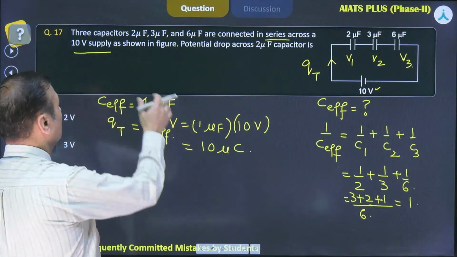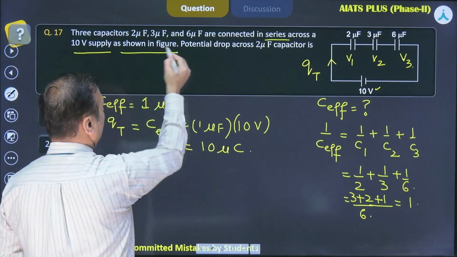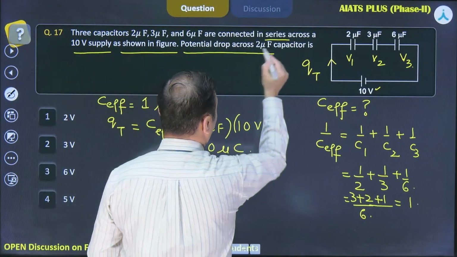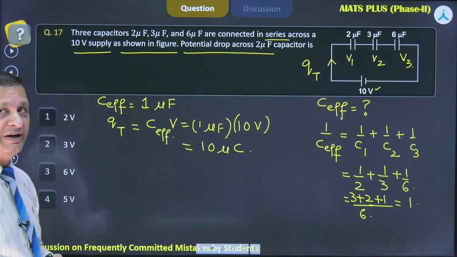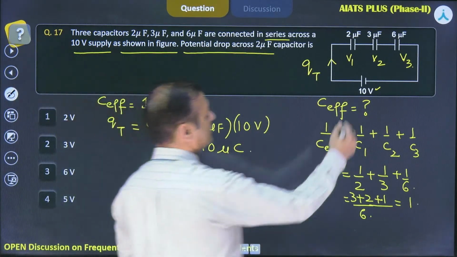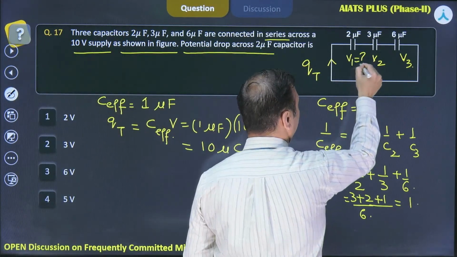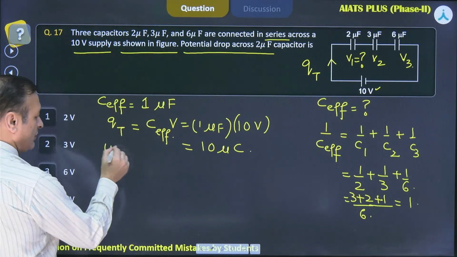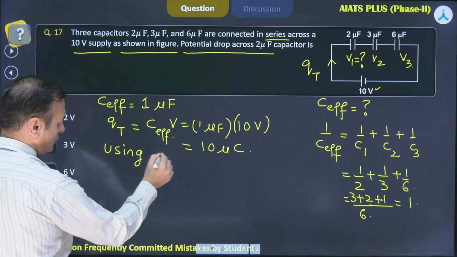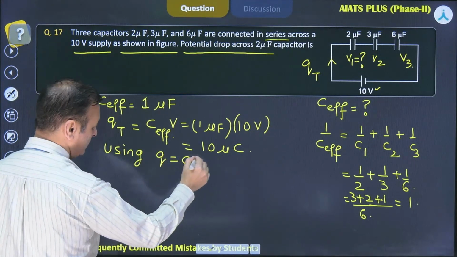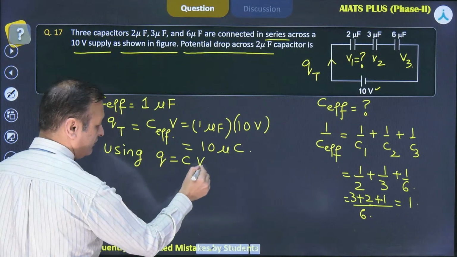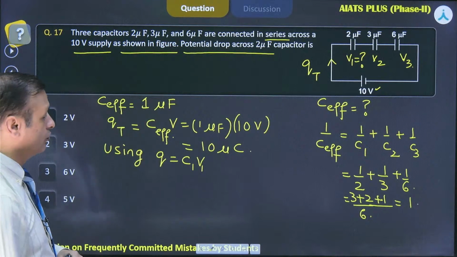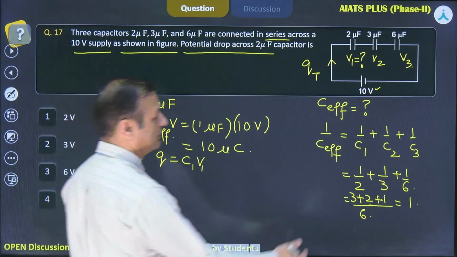Now, the question says, so this is what you are shown in the figure. We have to find out the potential drop across the 2 microfarad capacitor. So we have to find out V1. Again, using the same formula, Q is equal to CV. This is C1, that is 2. What is Q?